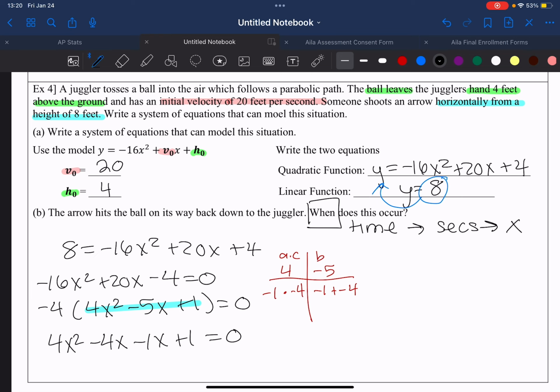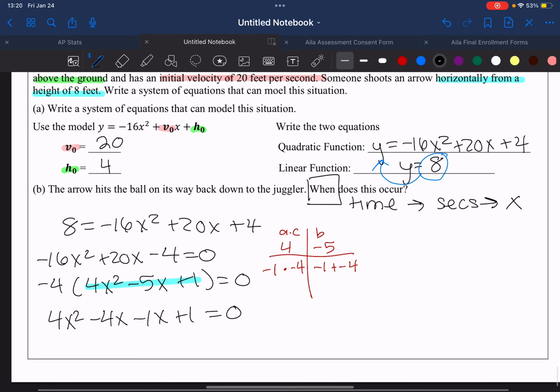We can forget about that negative 4 because when we get to the end and we set everything equal to 0, negative 4 equal to 0 doesn't exist. We don't need to worry about that. So we're just dealing with this part here. I'm then going to do factor by grouping and take out a GCF from each of them. So the first one I can take out a 4x and I'm left with x minus 1.